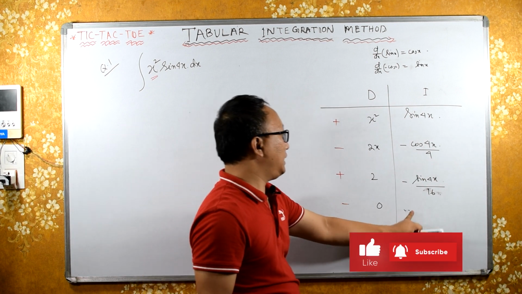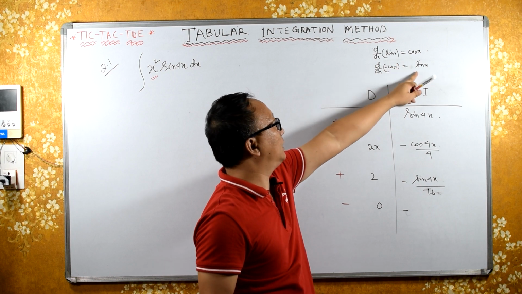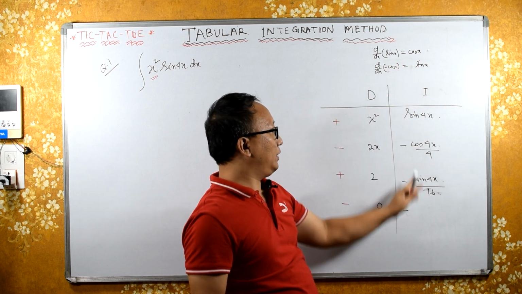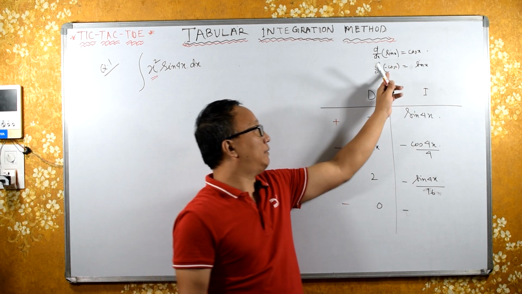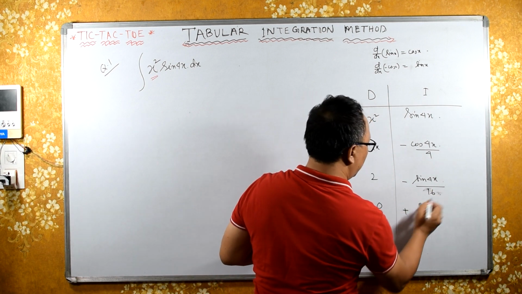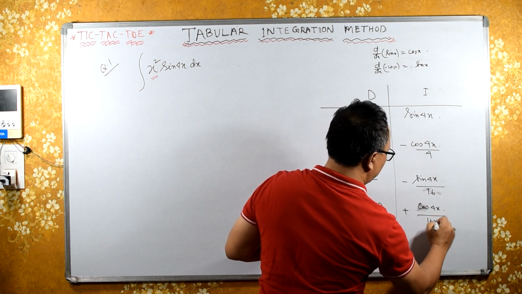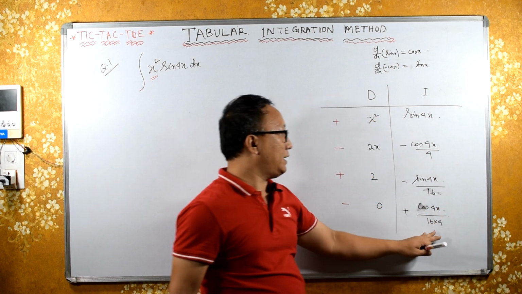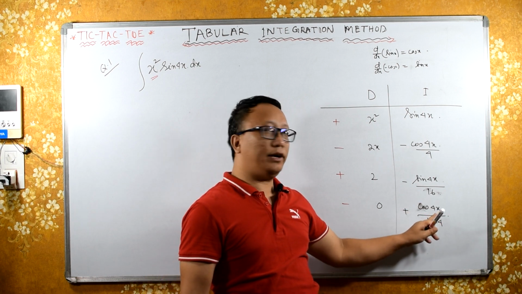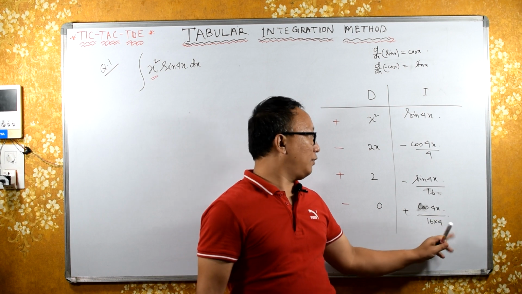Now the integration of sine x is minus cos x, and we already have minus here, so minus minus becomes plus. Cos of 4x upon 16 into 4. Why 16? Because this is already 16, and again we have to differentiate 4x with respect to x, so the 4 comes here.